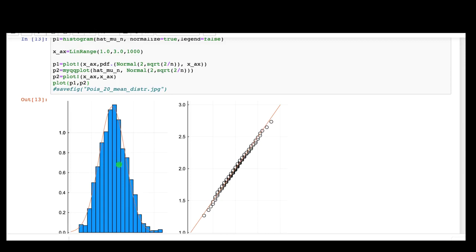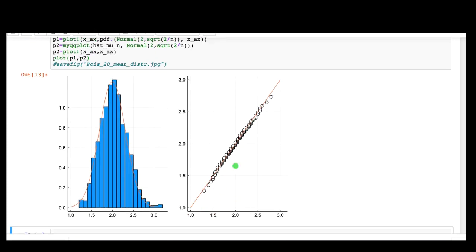In particular, in this case, the mean is 2, and because we're taking the mean of a sum of n many random variables, we have to divide through by the square root of n in order to get the standard deviation. The QQ plot is also along the line y equals x. In other words, what we can deduce here is that mu hat n is approximately normally distributed with mean 2 and variance equal to 2 over n.